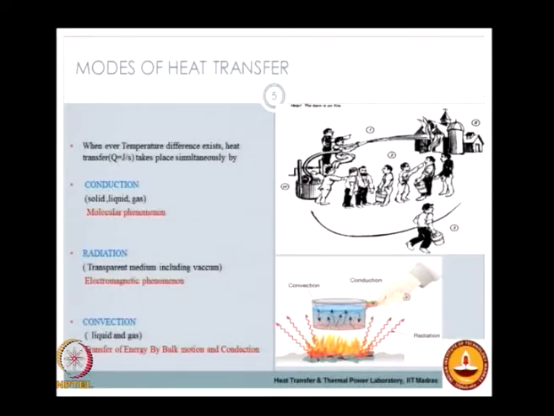But when you look at the process involving the water as such and decouple that from the process involving the heating of the pan due to conduction and radiation, then you can isolate convection as the dominant mode and study that separately. So in this particular course we will be concentrating on this mode where you have advection coupled with conduction, which is a background heat transfer mode always happening.